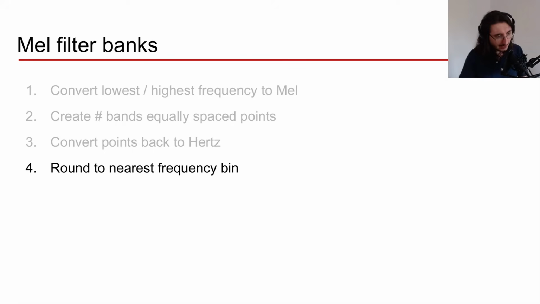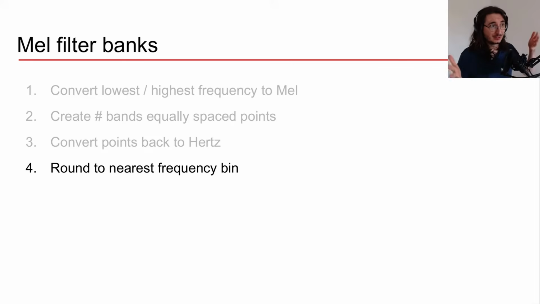Okay, next step. So we've now converted these center frequency points for our Mel bands back to hertz. And now what we want to do is round these points to the nearest frequency bin. So why is this important? Why do we need to do that? Well, it's because we are dealing with discrete signals. And that means that we don't have infinite perfect resolution on the frequency.